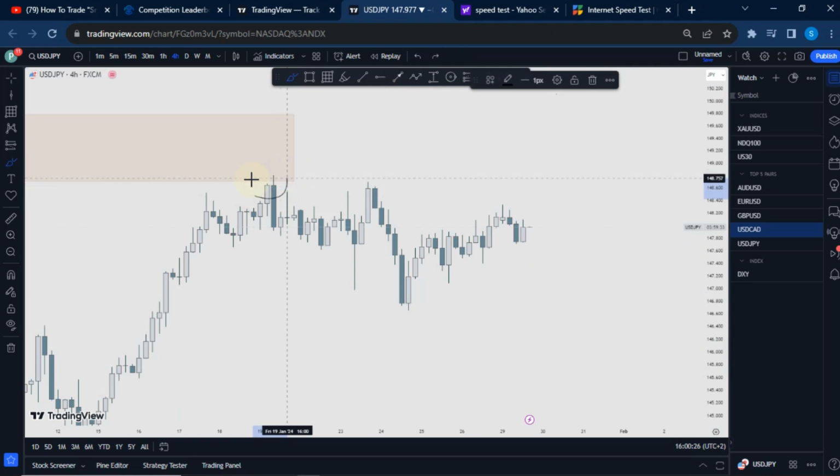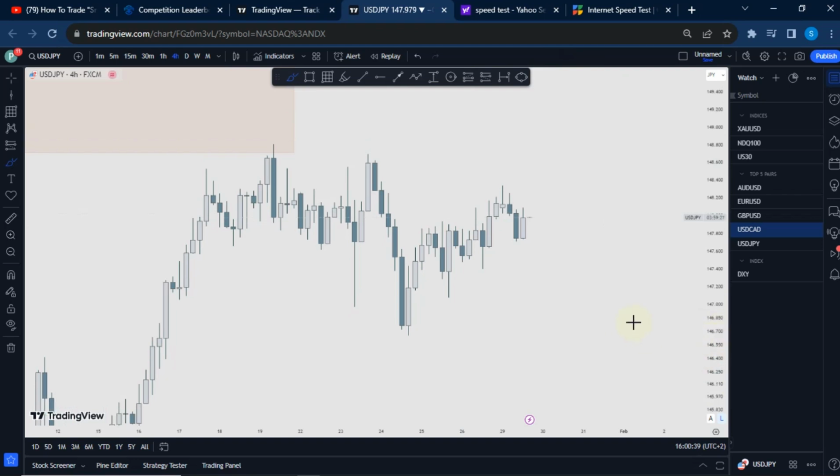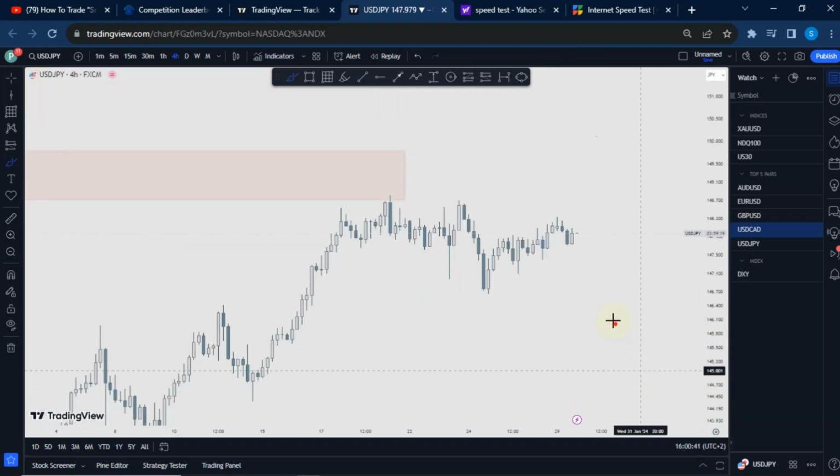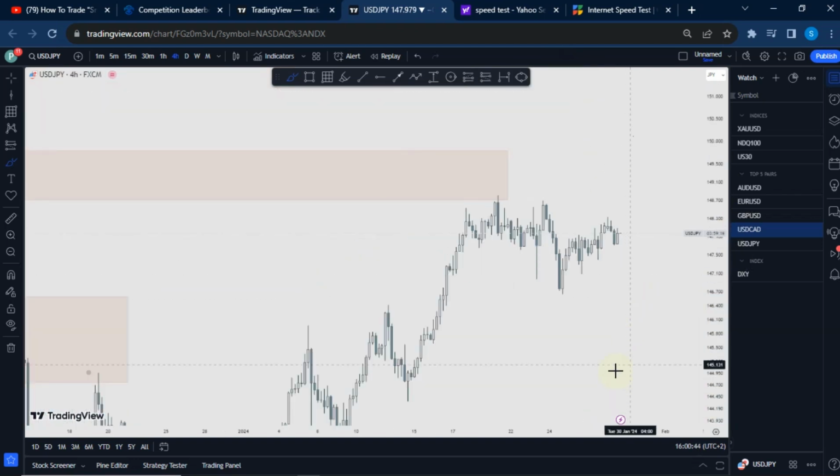what happens is that price respected that supply, and because it's on a 4 hour, we cannot just trade directly from the 4 hour. What we need to do is wait for a market shift, for the market to change direction.